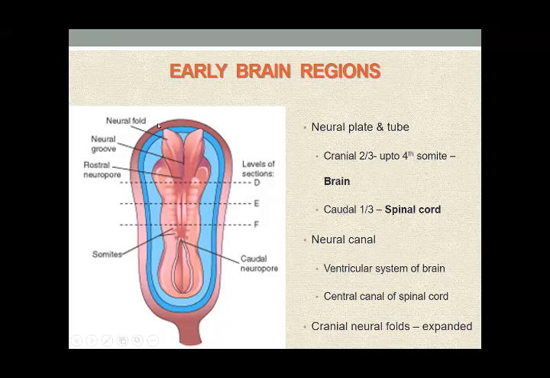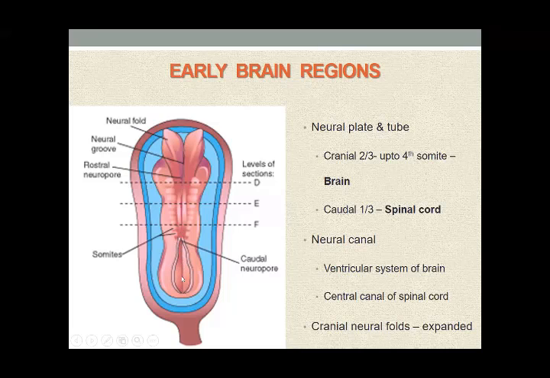The neural tube and even the neural plate, the upper two-thirds develops into brain up to the 4th somite. This part develops into brain, upper two-thirds of the neural tube. The lower 1/3 develops into spinal cord.